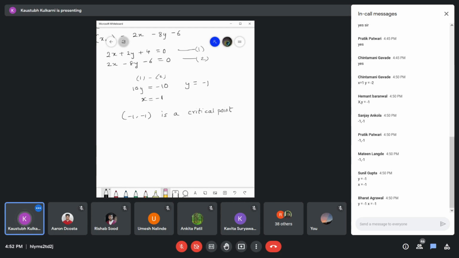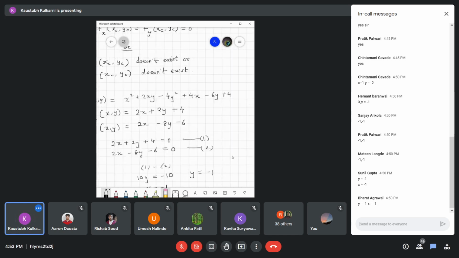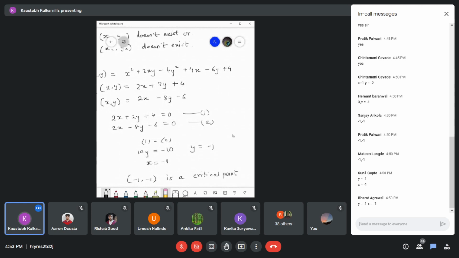There is a method called completing the squares, which is not possible in this case because we have an xy factor over here.